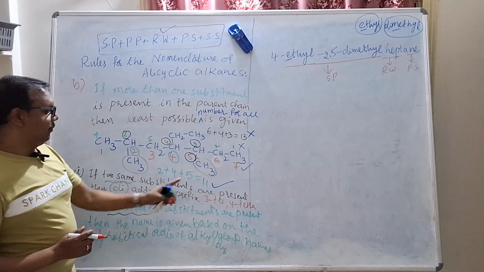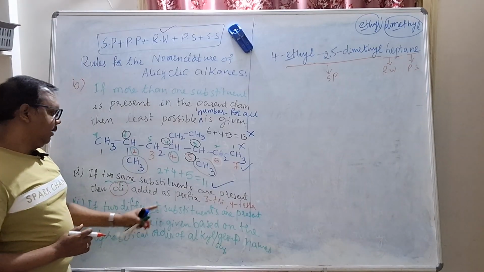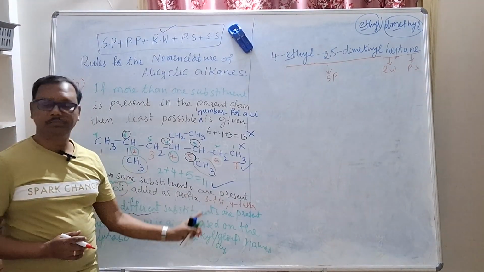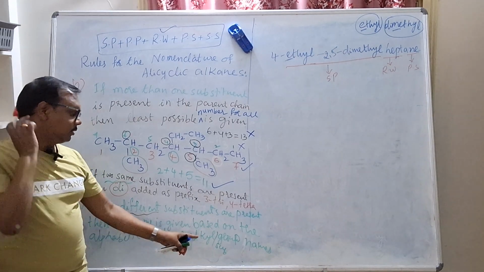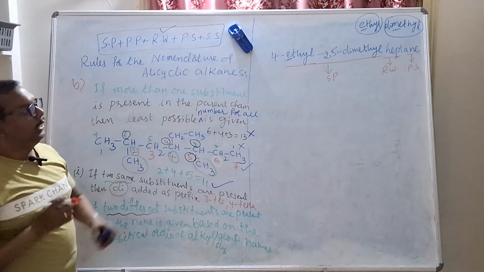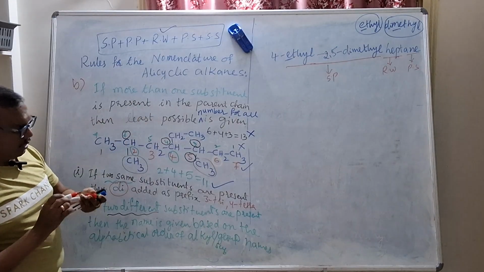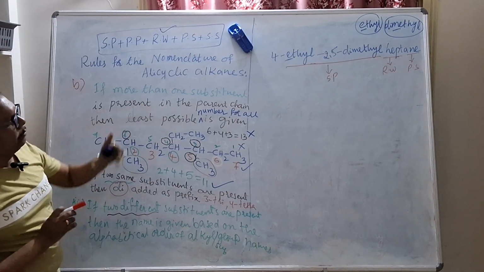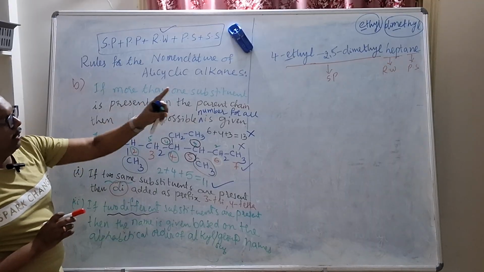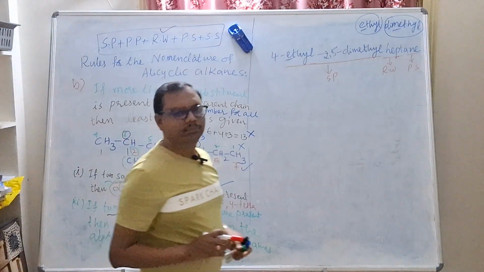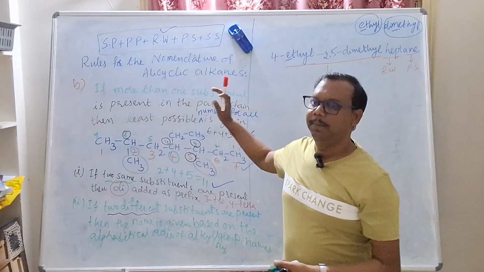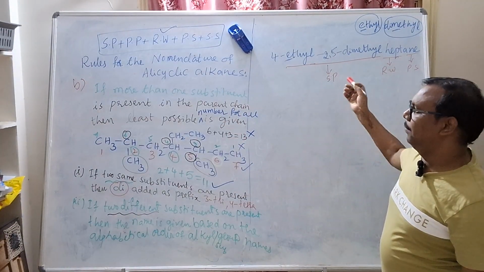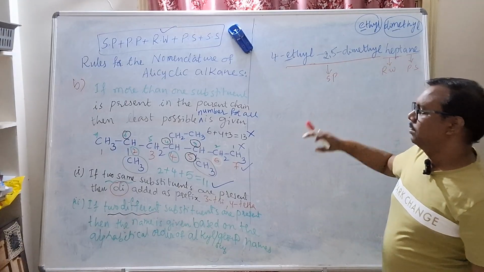Next one, if 2 different substituents are present, then the name is given based on the alphabetical order of the substituent names. Here the substituent names are ethyl and methyl. Di you should not consider that. Ethyl and methyl, E comes first in alphabetical order. Therefore, 4 ethyl, 2, 5 dimethyl heptane. That is the name of the compound we consider. Alright, we can write in that manner if more than one substituent is present.